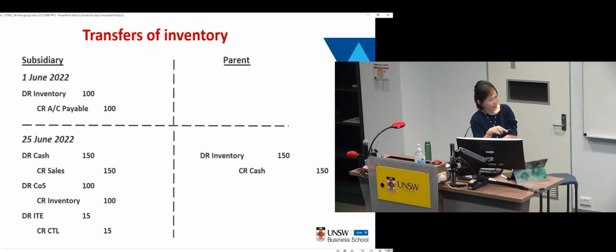Well, this tax entry is not actually required. Okay, so you don't practically prepare this entry after each sales transaction. We don't do that. Now, why include this is to show you the impact of these transactions on the subsidiary's tax.